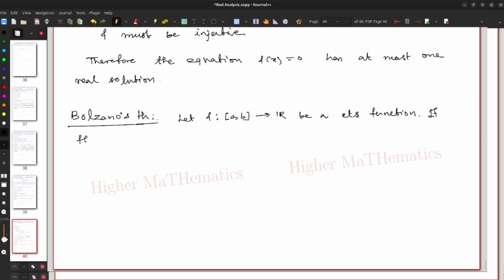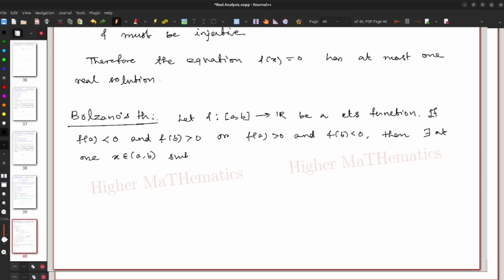If f of a is less than 0 and f of b is greater than 0, or f of a is greater than 0 and f of b is less than 0, then there exists at least one x in the open interval a b such that f of x equal to 0.